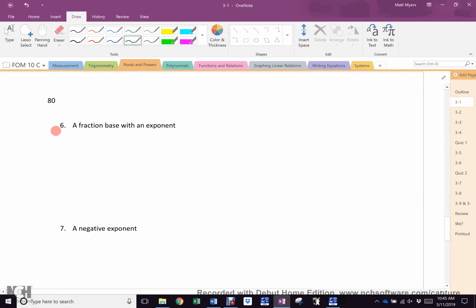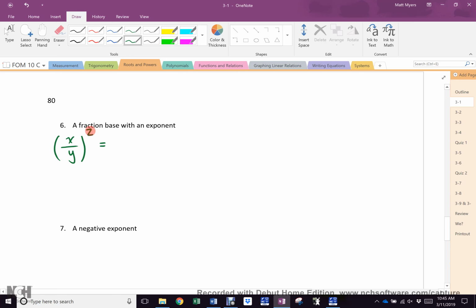Number 6 might be something new to people. (x/y)^a. You're intelligent young people. What is the base here? x over y, right? And that base is to the a. I did the same thing. I want that squared.